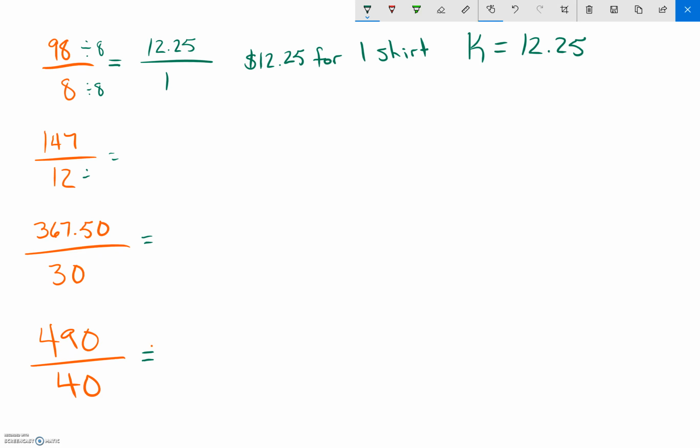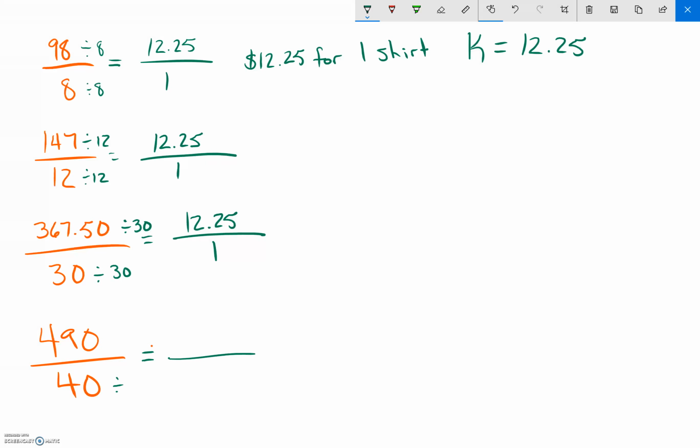So on the second one we would divide by 12 to get our constant of proportionality, and 147 divided by 12 is also going to be $12.25 if you check it on your calculator. Third one we're going to divide by 30. You will also get $12.25 over 1. And last but not least, $490 for 40 shirts.